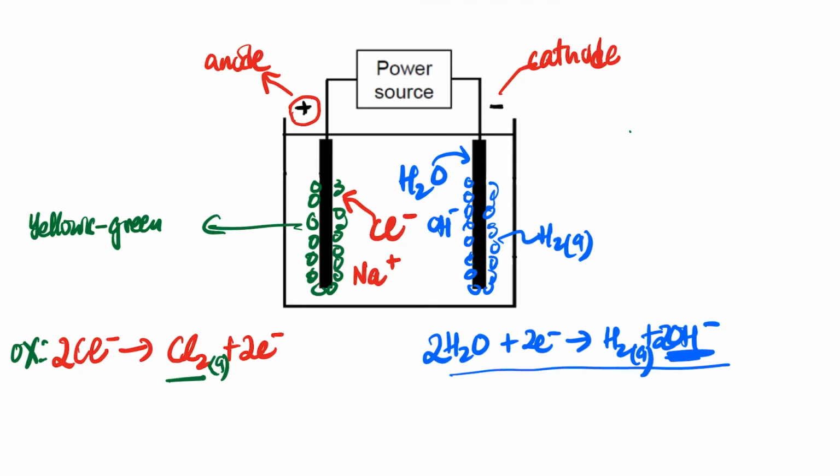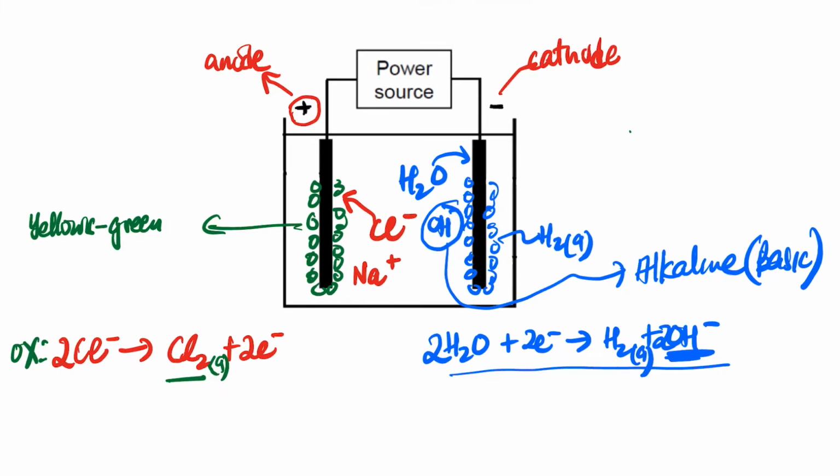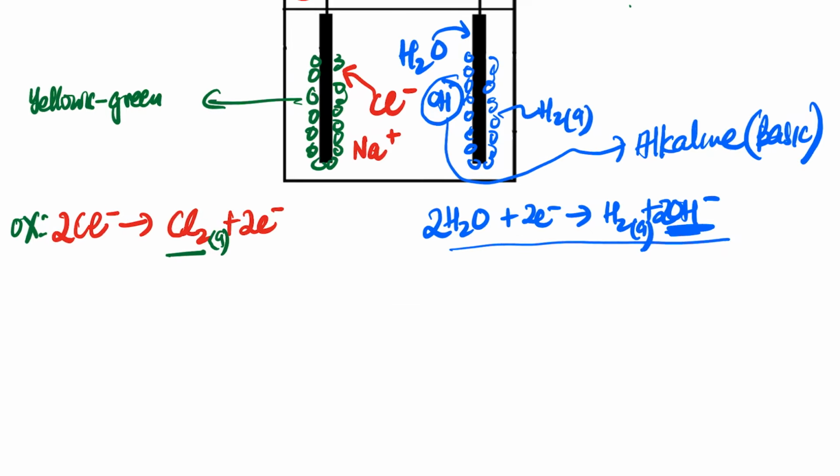So since there's OH minus that is involved, that means this solution is an alkaline solution, which is, in other words, a basic solution. It becomes basic, this solution. So now we have what we call the net cell, which is the balanced equation between the two. If you look at the electrons there, you have 2 electrons and 2 electrons, which cancel out.